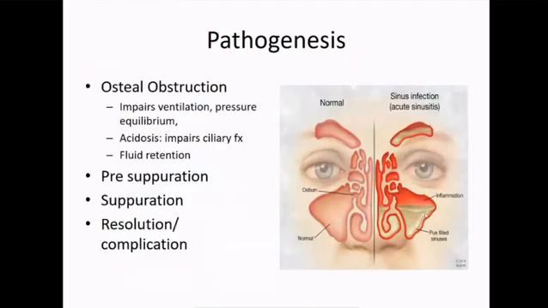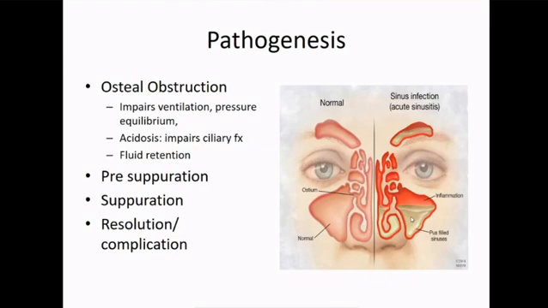When there is fluid retention in the nose, bacteria will come and cause infection, because this fluid is a good food for the bacteria to thrive. So like you all see in surgery, usually when they do surgery in the abdomen, eventually they put a drain.